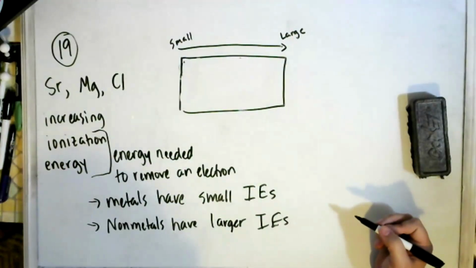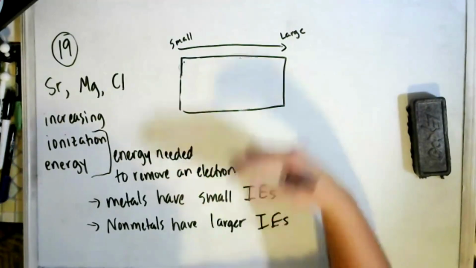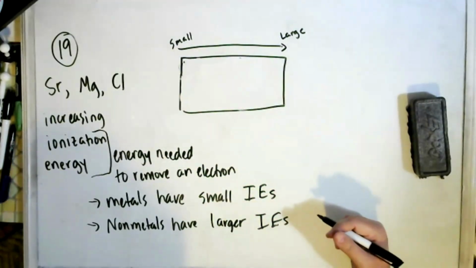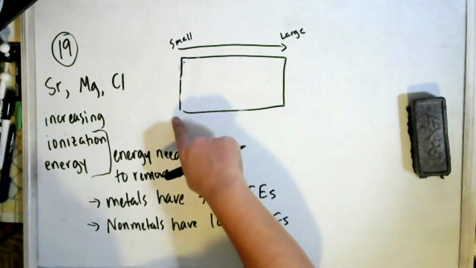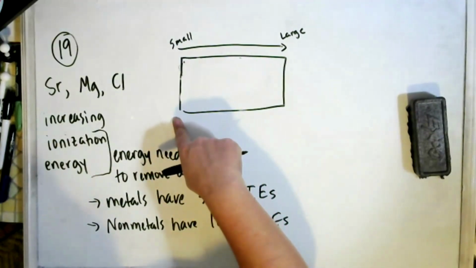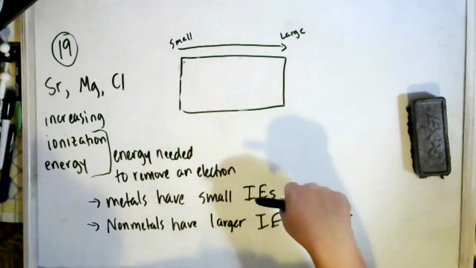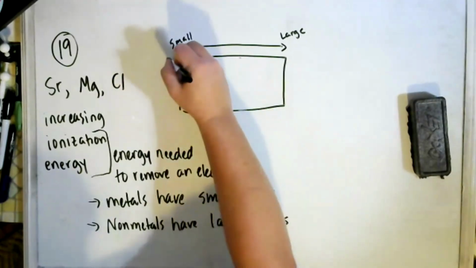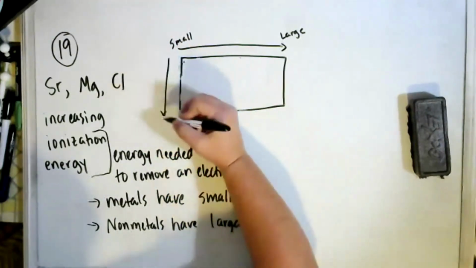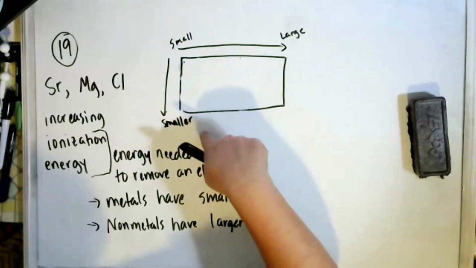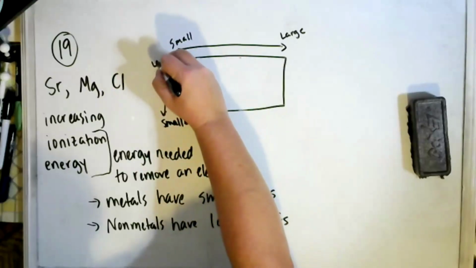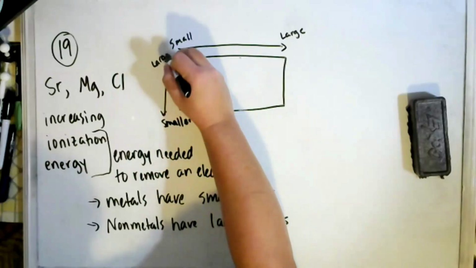And then in terms of top to bottom of the periodic table, our ionization energies are going to get smaller the further down they are. So when we're looking up and down on the periodic table, we're going to have smaller ionization energies on the bottom and larger ionization energies up top.